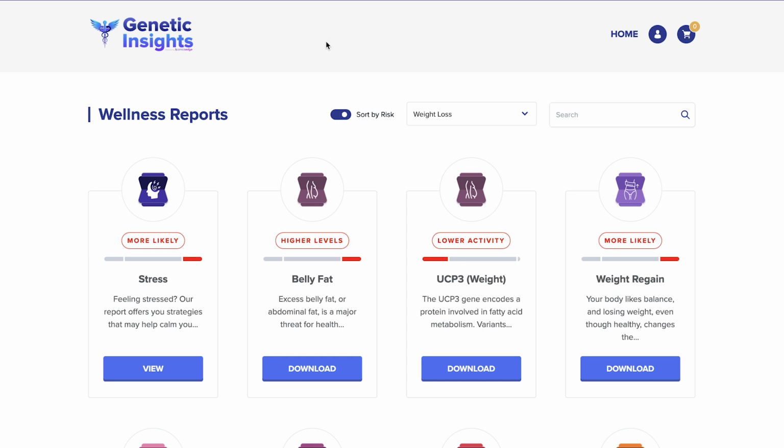I'm going to ignore these genes for a moment. The next one I look at is weight regain. So you can say to the client, when you lose weight, you find that you gain it back again very quickly. If they say yes, then you can say, okay, there seems to be a genetic basis for that. Now, I say seems to be because with belly fat and weight regain, all they're really pointing to is correlation.